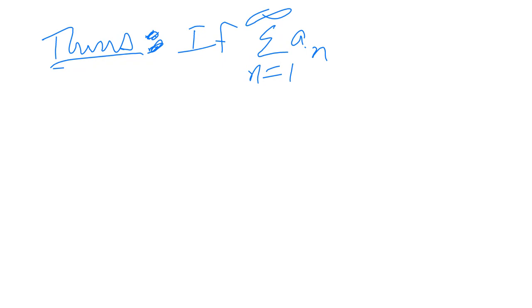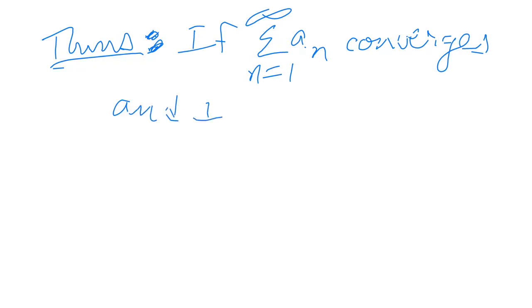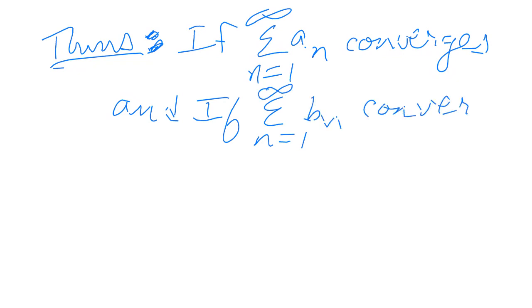But anyway, if this converges, and if the infinite series n equals 1 to infinity of b sub n converges. So basically the sum is going to be a specific limit.